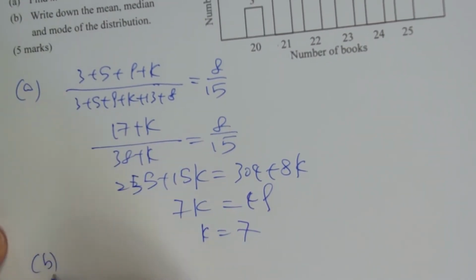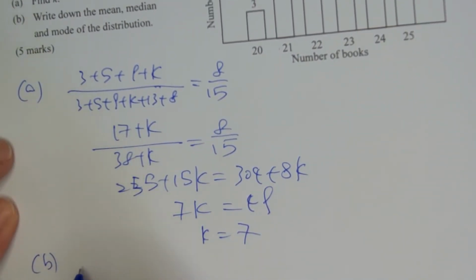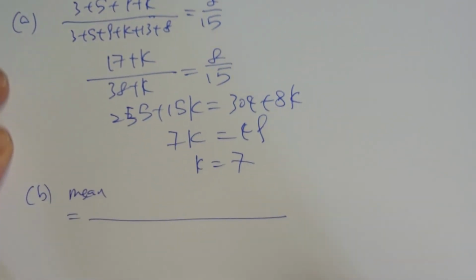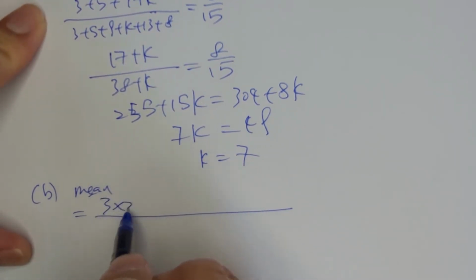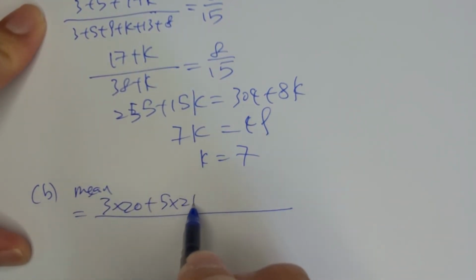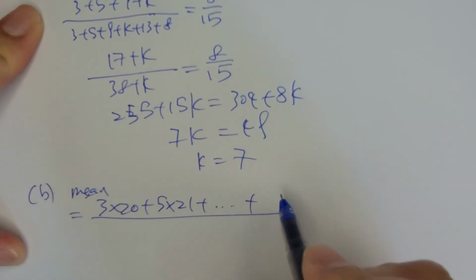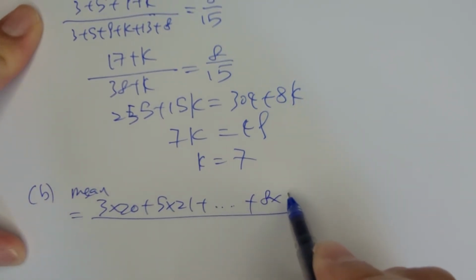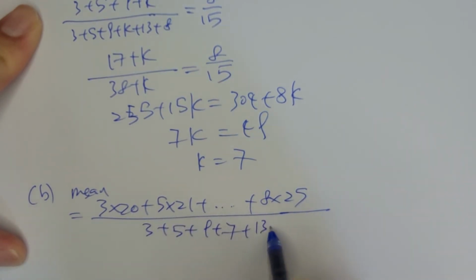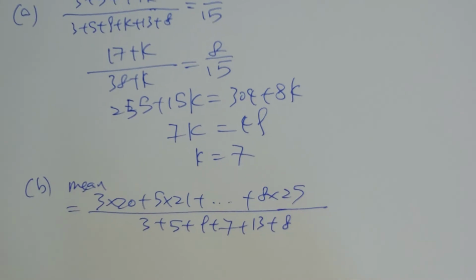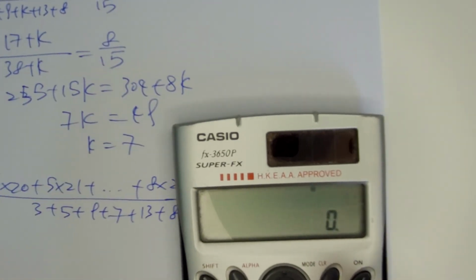In part B, write down the mean. You need to write down the mean, but I want to calculate it once for you. So 3 times 20 plus 5 times 21 plus and so on, keep moving in this way, plus 8 times 25 over 3 plus 5 plus 9 plus 7 plus 13 plus 8. Just do the calculation directly.